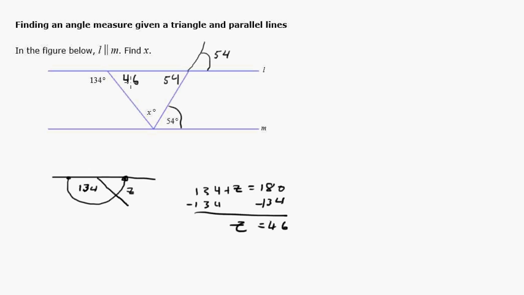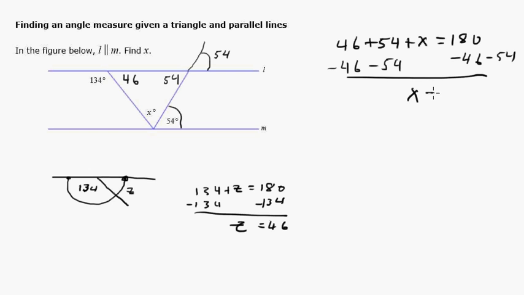So now we know that 46 plus 54 plus x equals 180, because the sum of the angles of a triangle adds up to 180. So all we have to do is subtract 46 and then subtract 54, and we get x.